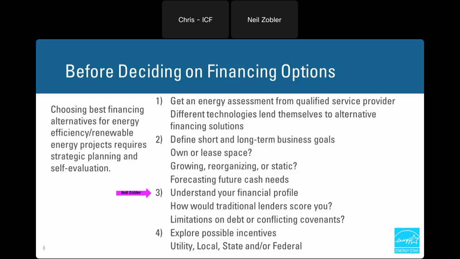You also need to understand how you look from the other side, your financial profile. How would a traditional lender score you? Are there any limitations you have on debt, or do you have any existing bank loans that contain conflicting covenants?